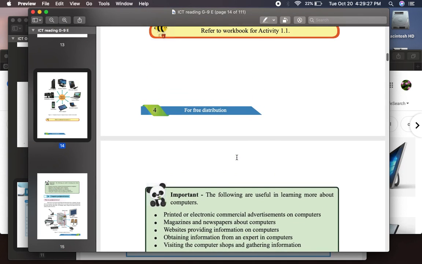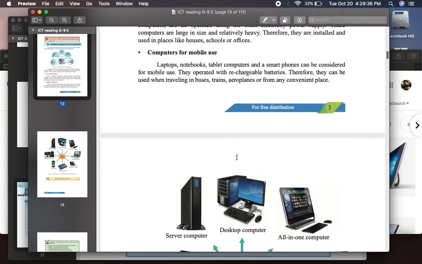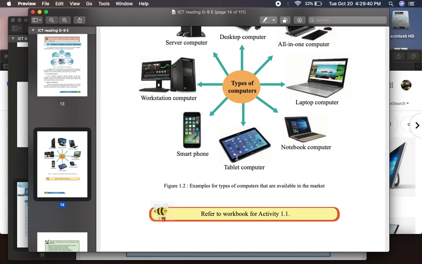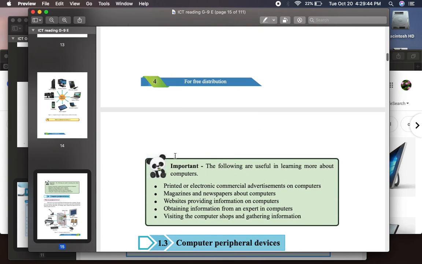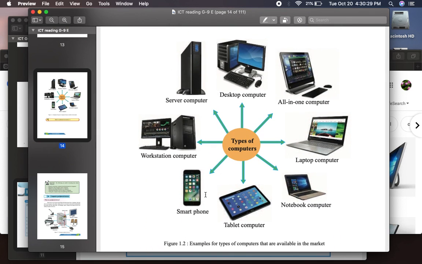Okay, so that is lesson 1.2 completed, and I will stop the lesson for today, and I hope you will take the time to go through these activities when possible and collect information about various types of computers that are available in the market and peripheral devices like printers, scanners, multifunction printers that offer scanning, printing, faxing, kind of options to users, so that you can better understand about the different kind of computers that are available in the market today.